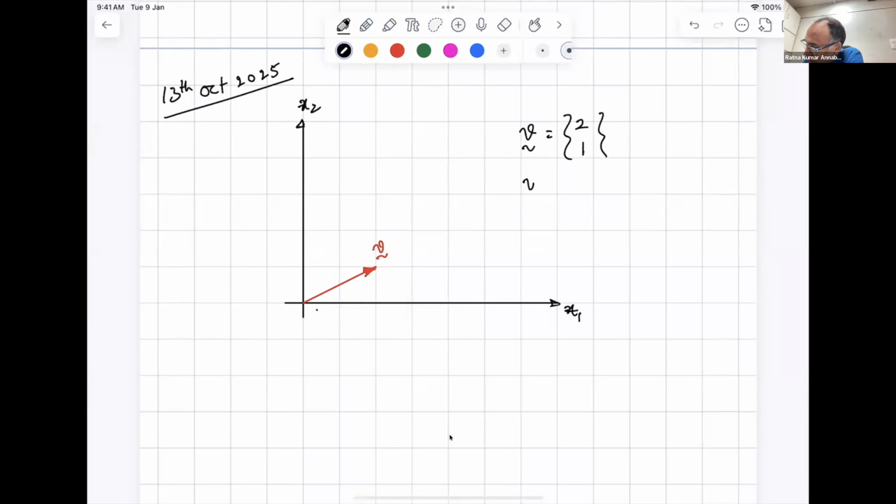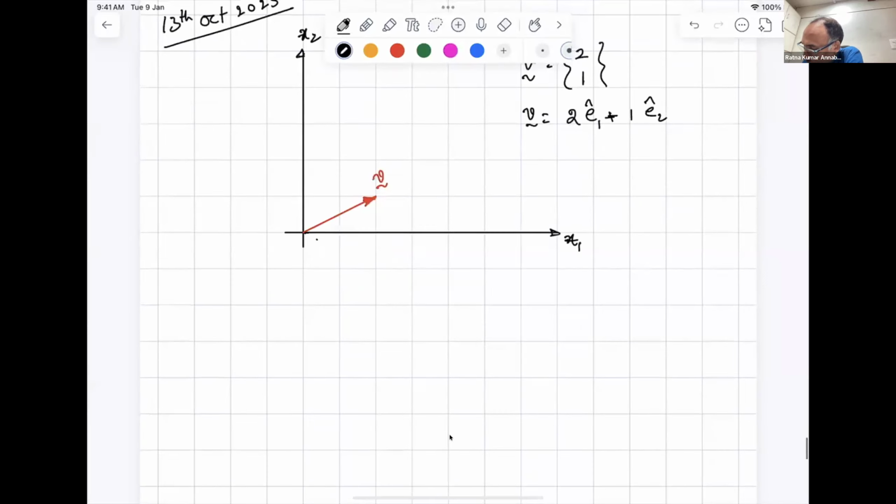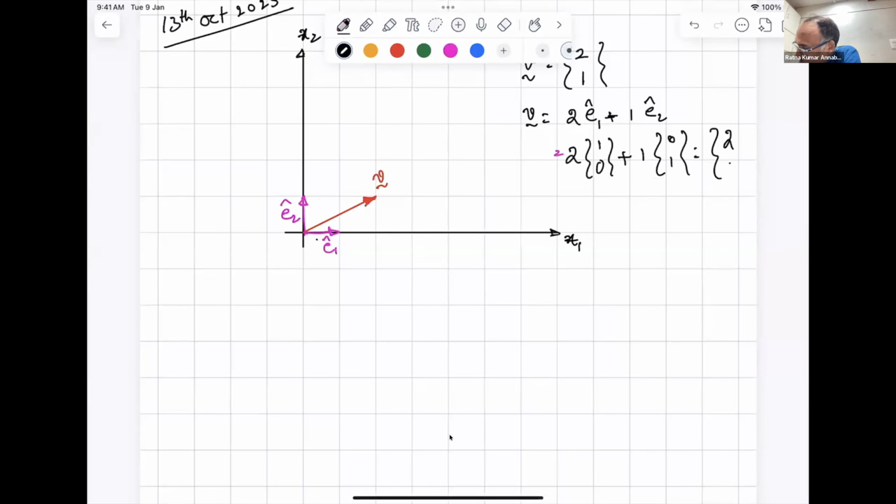In other words, we can write this as 2 e1 hat plus 1 e2 hat, where this is the unit vector e1 hat and that is the unit vector e2 hat. e1 hat means 1, 0, e2 hat means 0, 1. That will be 2, 1.